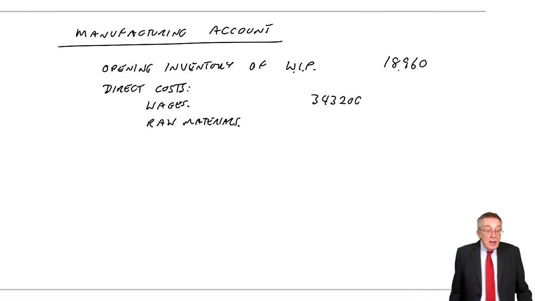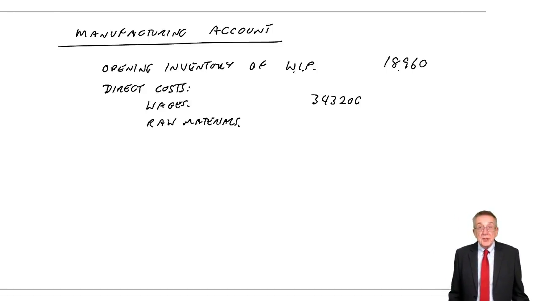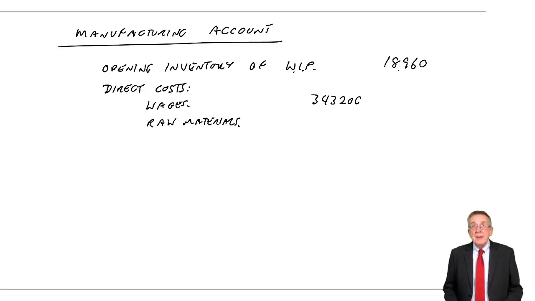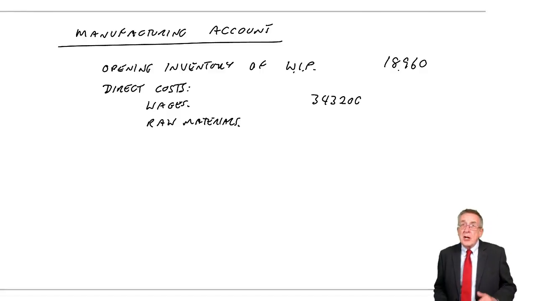Here we know from our balances the raw materials we actually bought, but I need to know what materials were actually used. And we had opening and closing inventory. So if I know what I bought, surely I need to take off the closing inventory because they weren't used this year.